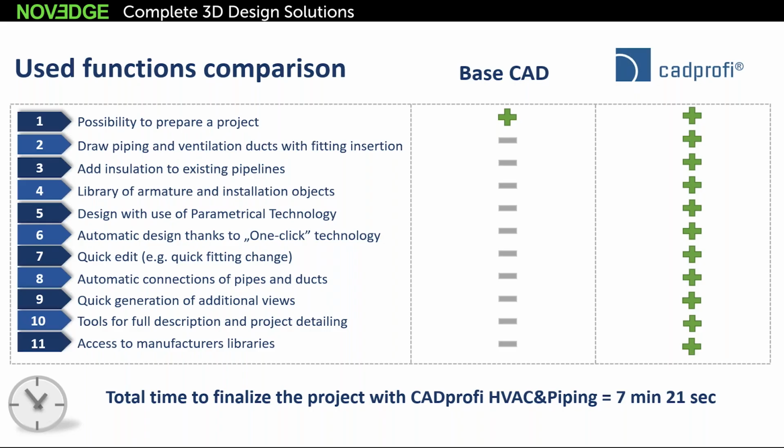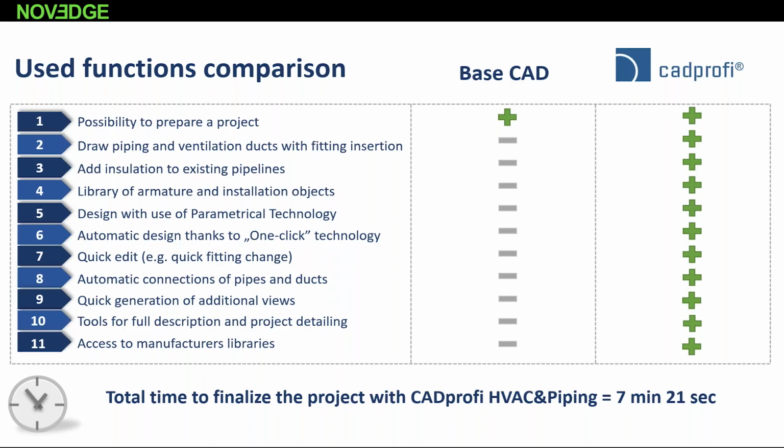So you can see that list is very rich, and again, we used the library of armature. In this case, it was a library of existing pipelines, but also an object used straight from the library of one of the manufacturers.